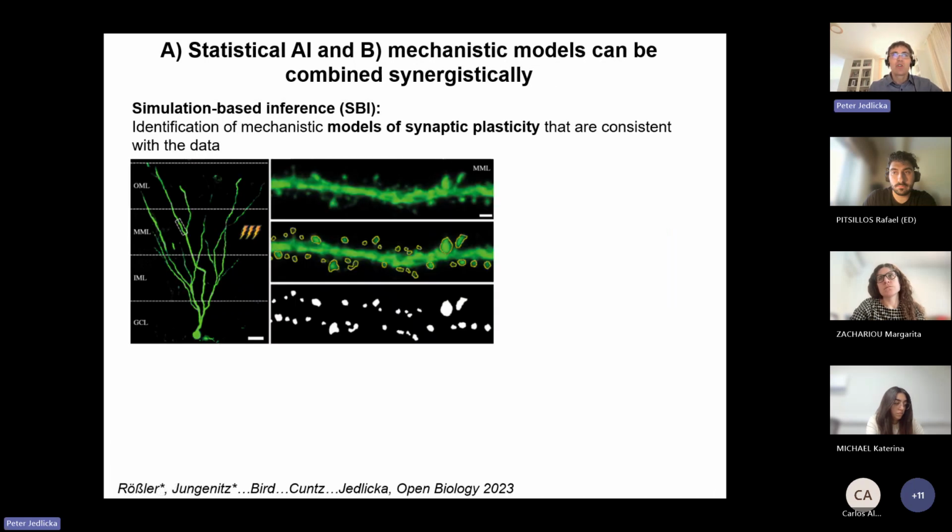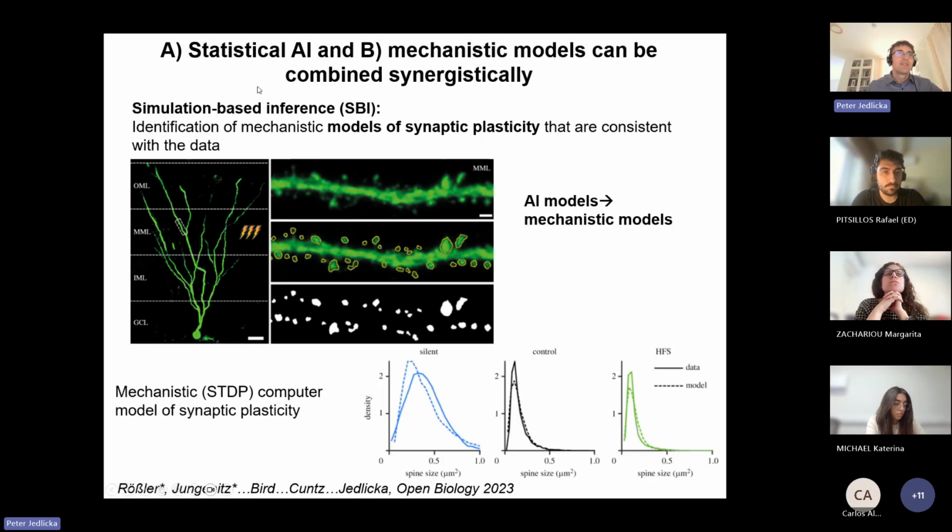And here, again, without going into details, I just want to mention this and give you one reference. We applied it, for example, to models of synaptic plasticity. If you are interested in models of synaptic plasticity, but also in other models, you can use SBI to find the distribution of parameters that is consistent with data.